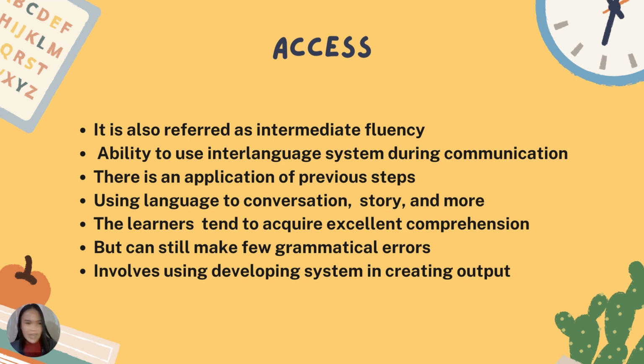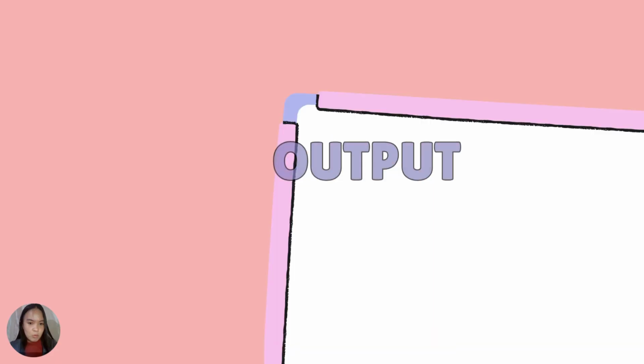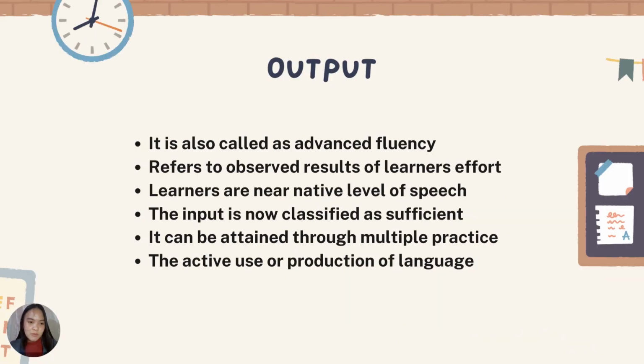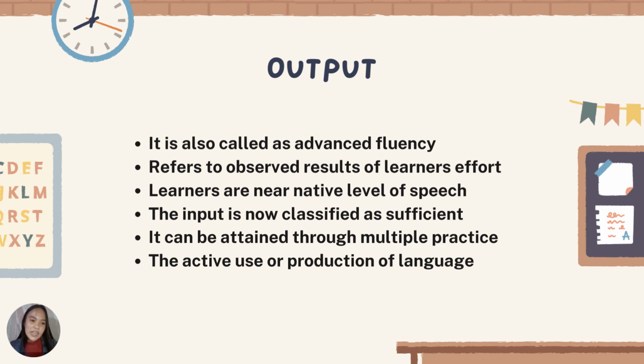So now let's move on to the final one, which is the output itself. Since after the previous steps, finally in here the learners can now definitely create or establish proficiency regarding those things that he or she has learned. So in here, output can also be referred to as advanced fluency. And this is now the observed result of the learner's efforts.